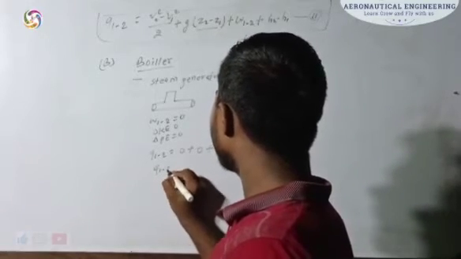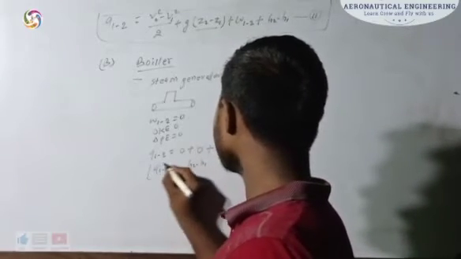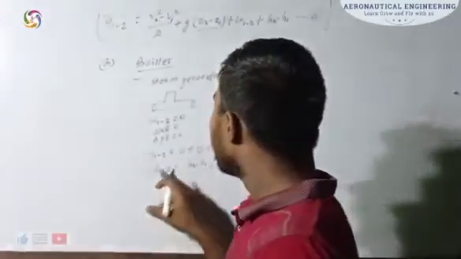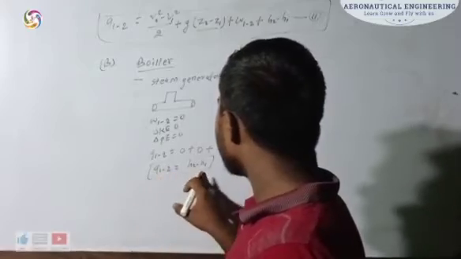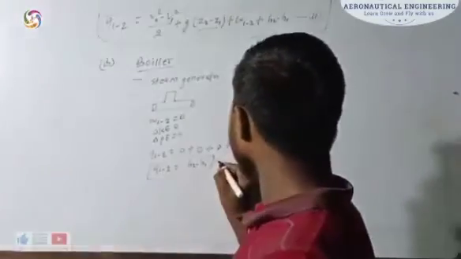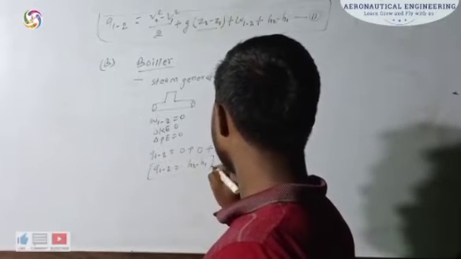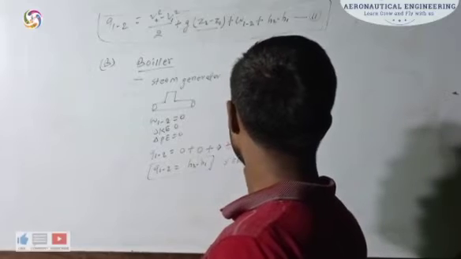So finally we get Q12 equal to H2 minus H1. This one is the heat exchange between the inlet and outlet of the boiler, and this one is the enthalpy change. Take it as the SFEE equation for the boiler.